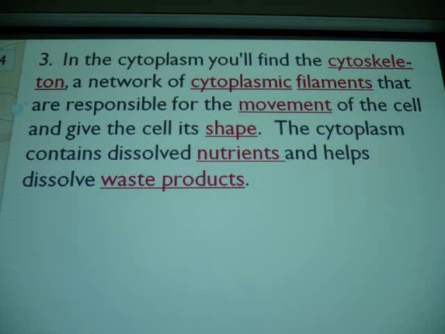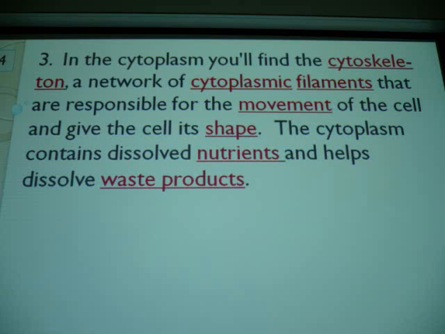I want to talk about this a little bit. That cytoskeleton up there does a lot like what your skeleton does for you.